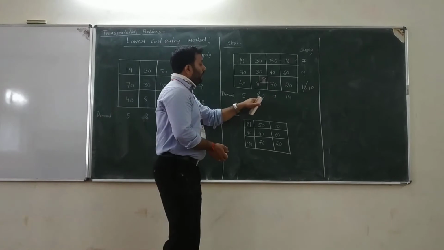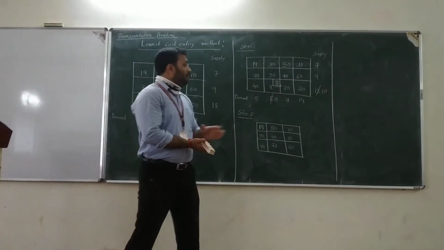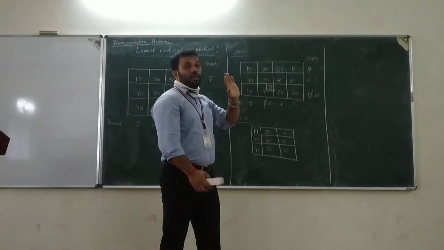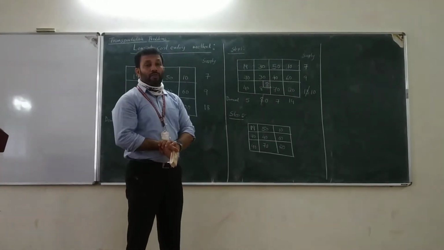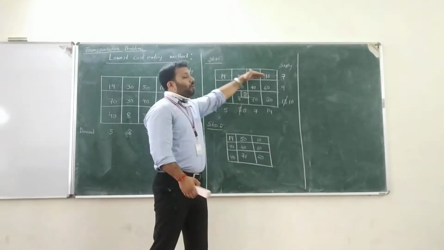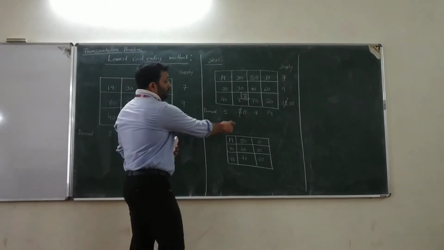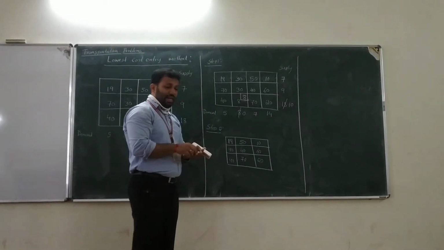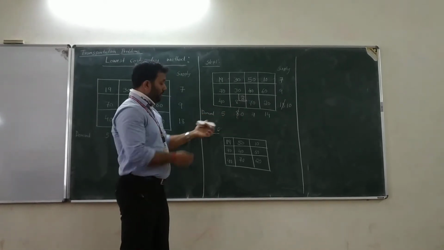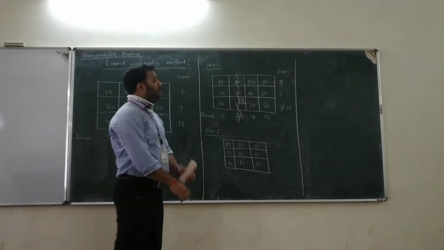As we discussed in the previous methods, wherever we get 0 units, either the column or the row, that entire column or row has to be deleted or struck out. Here I have got 0 units in this particular column, so I am striking out this column.